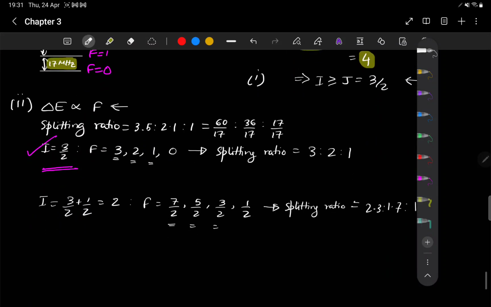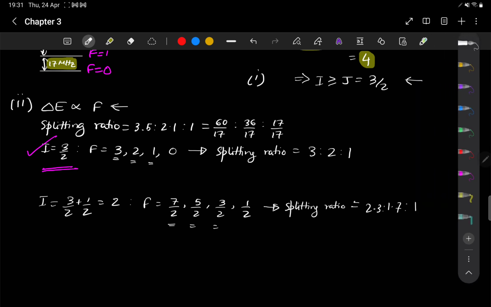So indeed the best fit value for I is 3 by 2. You can even proceed to check the next value of I, which will be 2 plus 1 by 2, that is 5 by 2, and you can see that the splitting ratio will be even worse, and it will not match at all.